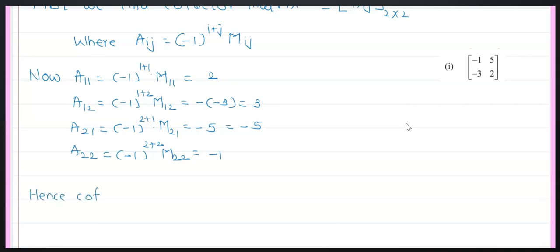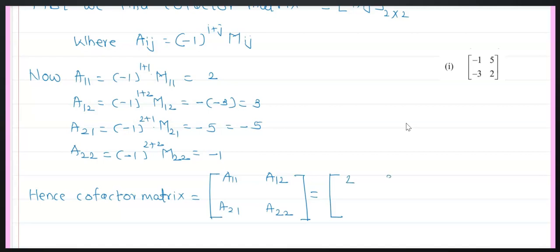Hence, the cofactor matrix is equal to A11, A12, A21, A22. That is 2, 3, minus 5, minus 1.